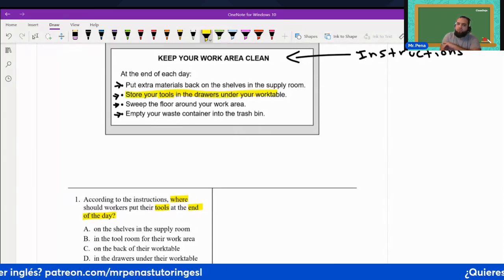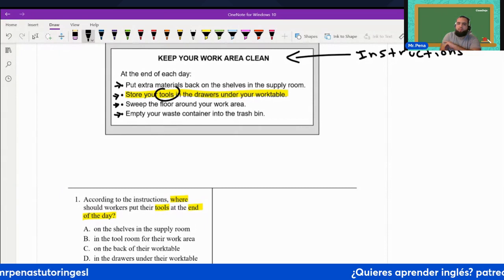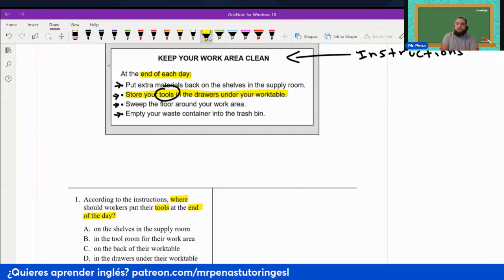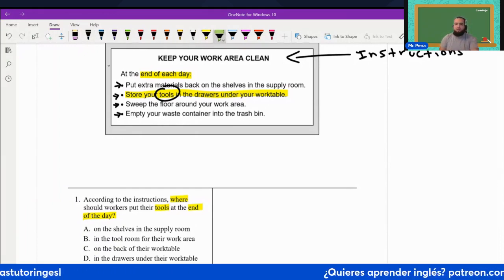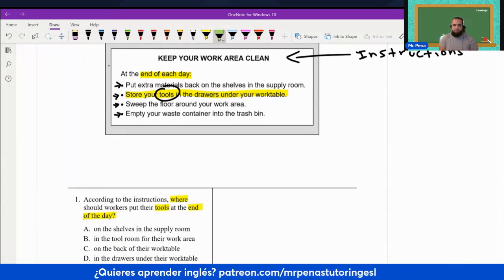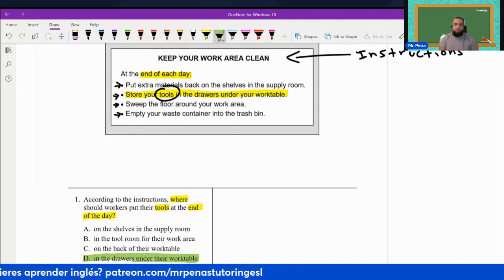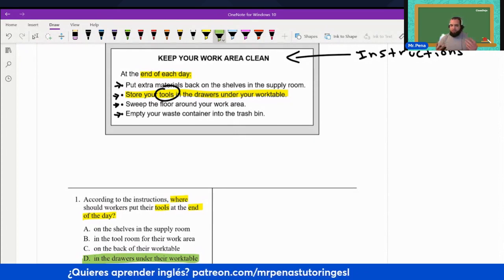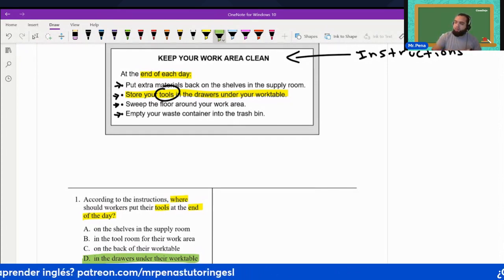Store your tools in the drawers under your work table. And remember, this is at the end of each day. En el final del día. So, number 1 is the drawers under your work table. So the answer is D. Workers should put their tools in the drawers under their work table at the end of the day. That's number 1.